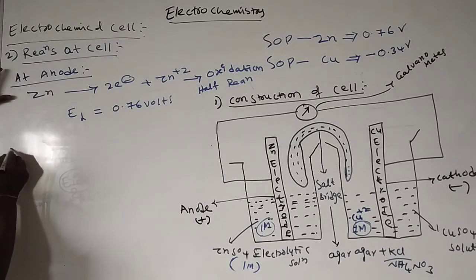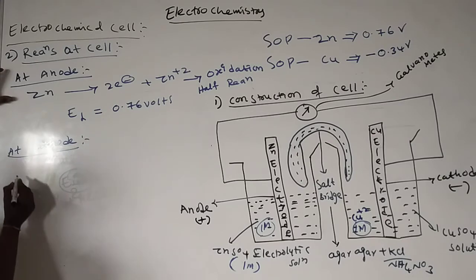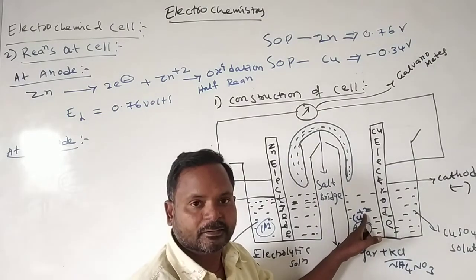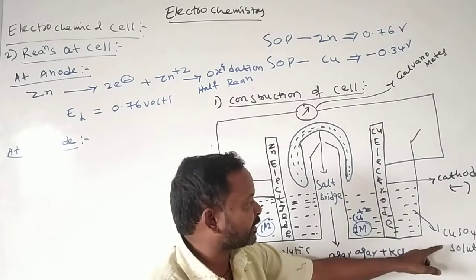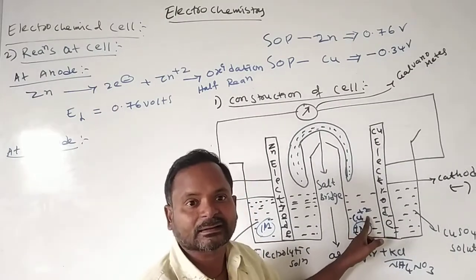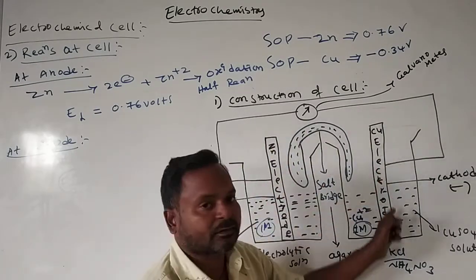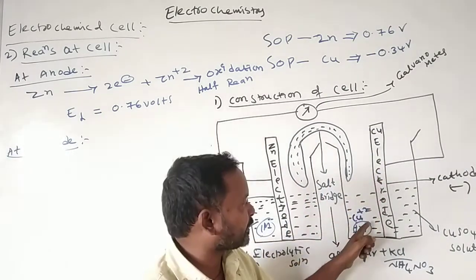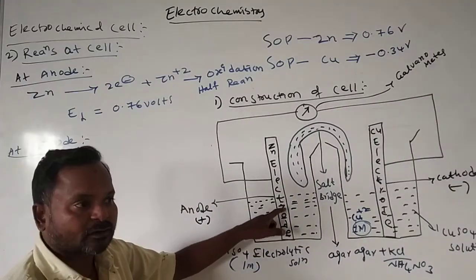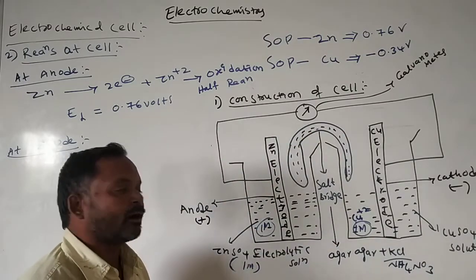Next is the second one, at the cathode. Here at the cathode, Cu plus 2 ions are there, present in the cupric sulfate solution. Those Cu plus 2 ions gain the electrons which move from the external circuit to the copper electrode.